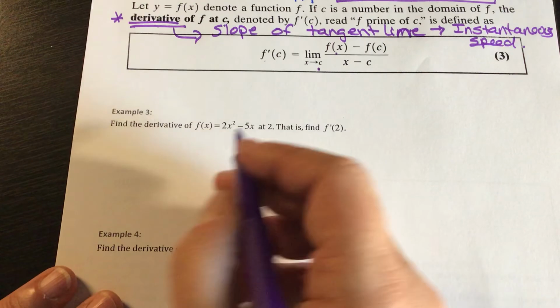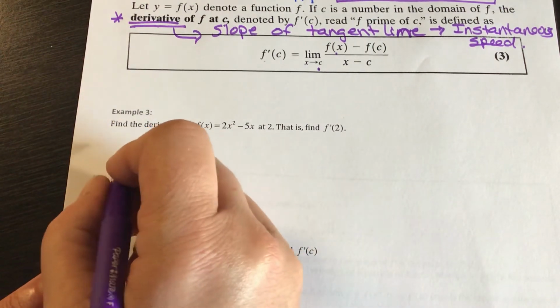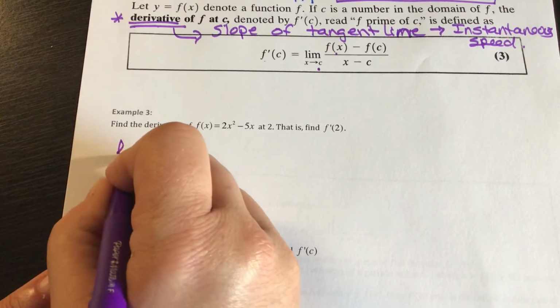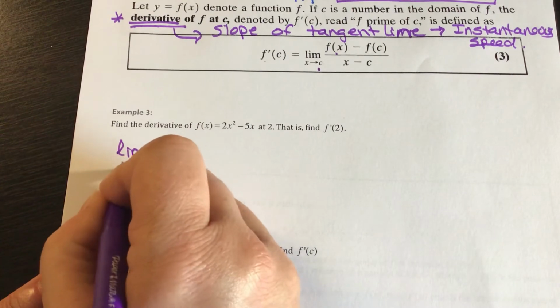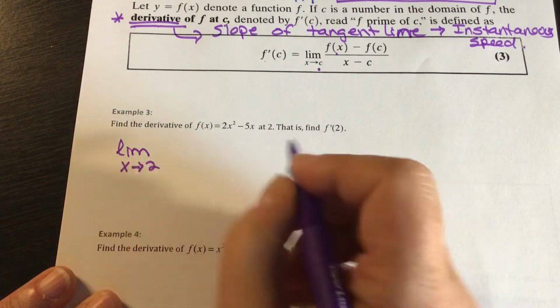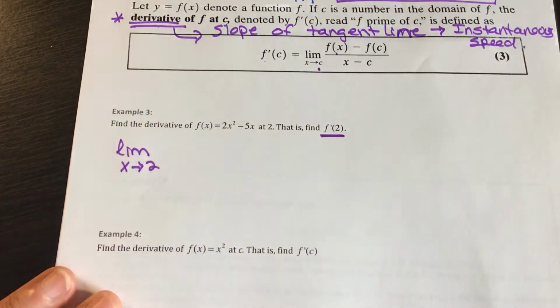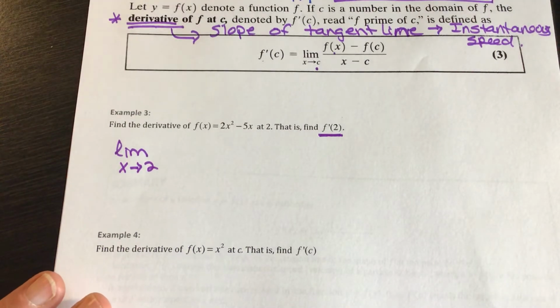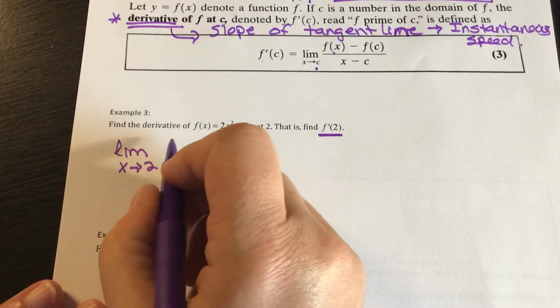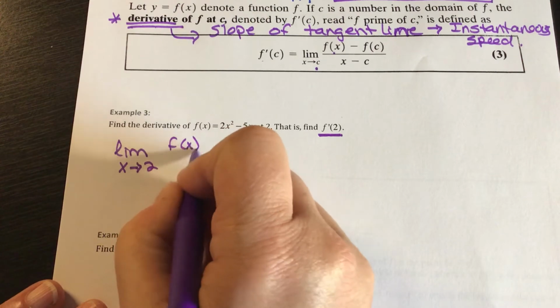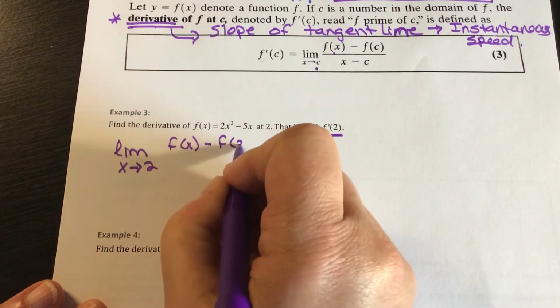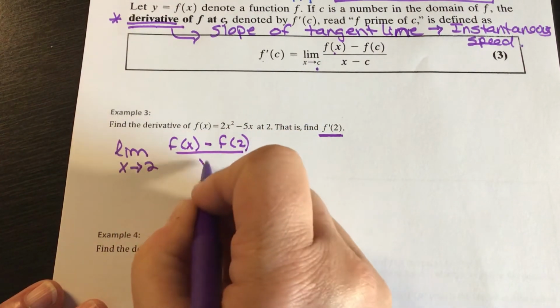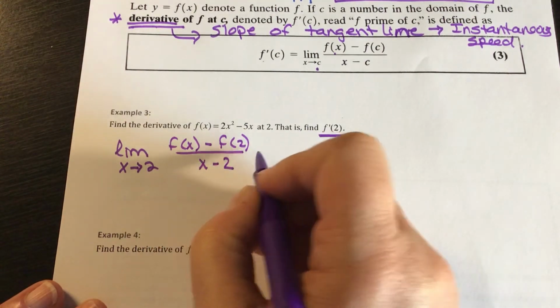All right, so we're going to find the limit as x approaches 2, because it says find f prime at 2, of f of x minus f of 2 over x minus 2.